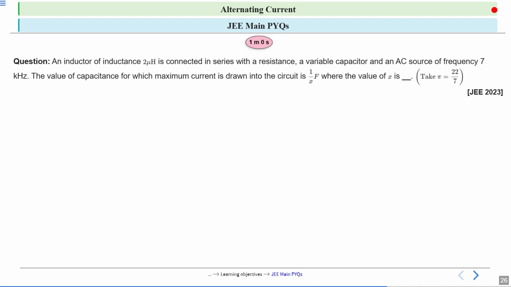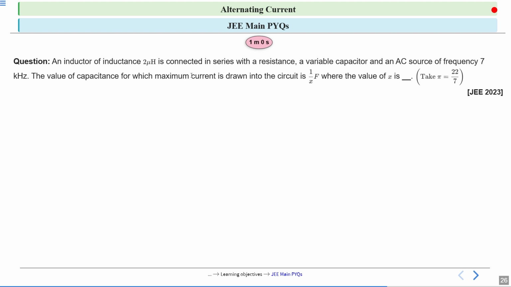Now next question. An inductor of inductance 2 microhenry is connected in series with a resistance, a variable capacitor and an AC source of 7 kilohertz. So the AC frequency nu is given as 7 kilohertz, and L is given as 2 microhenry. The value of capacitance for which maximum current is drawn, so what is the condition?